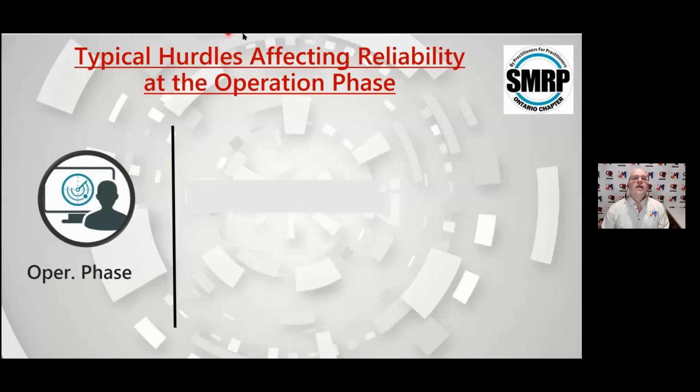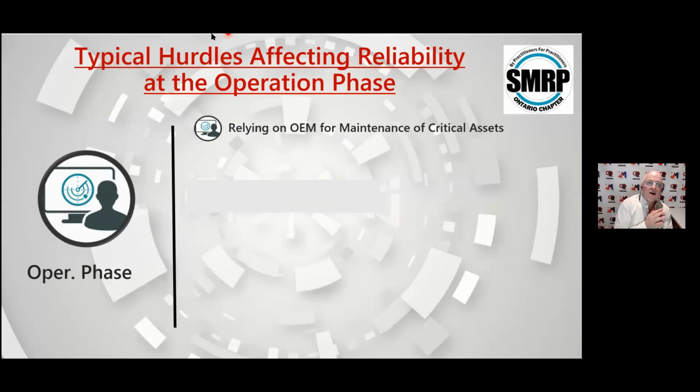So let's see here what kind of hurdles affect the reliability of the operational phase. We'll see a couple here. First one is relying too much on OEMs for maintenance. So we know that we get a lot of tasks, a lot of really important information from the OEM on the assets.